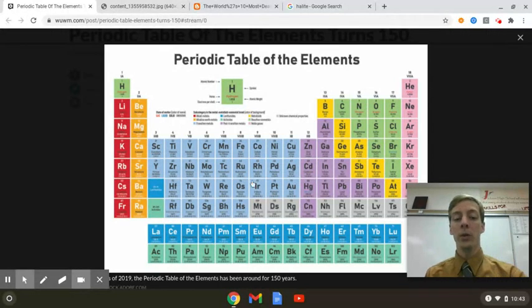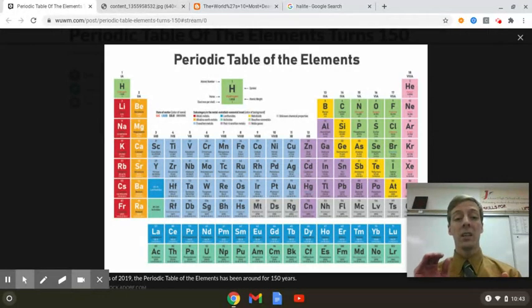On through this whole table. 1 proton, 2 protons, 3, 4, 5, 6. Carbon has 6 protons. If it has 6 protons, it has to be carbon. Doesn't matter how many neutrons, doesn't matter how many electrons. 6 protons makes it carbon. That's it. Focus on the proton first.